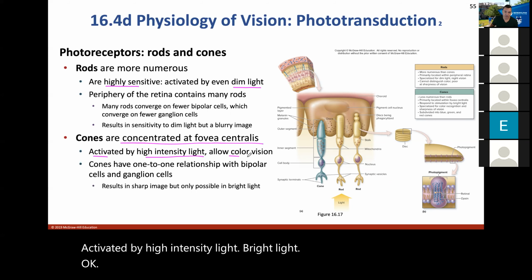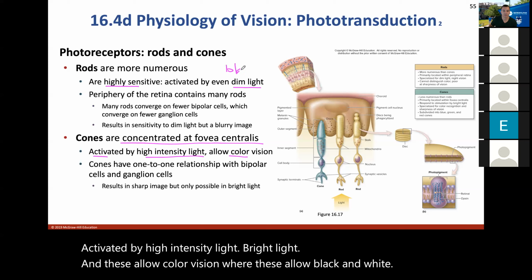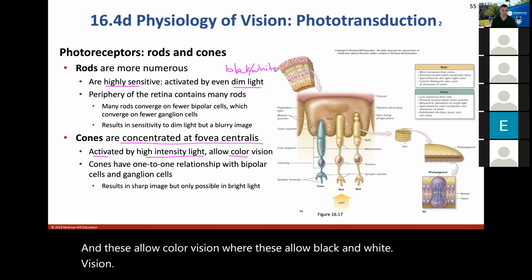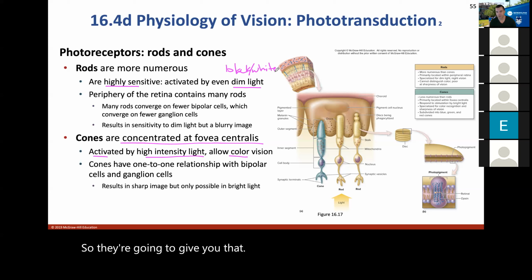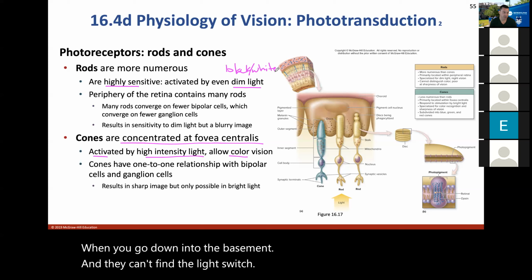And these allow color vision where these allow black and white vision, okay? So they're going to give you that when you go down into the basement and you can't find the light switch, rods are the things that are going to be activated.